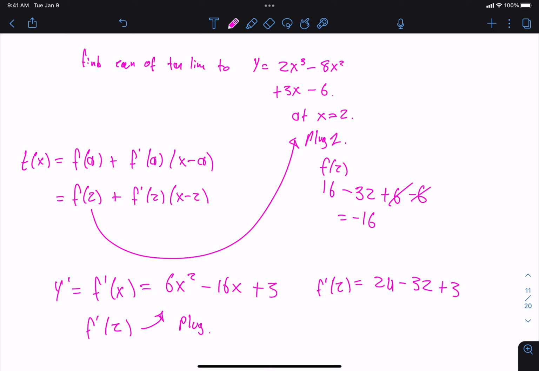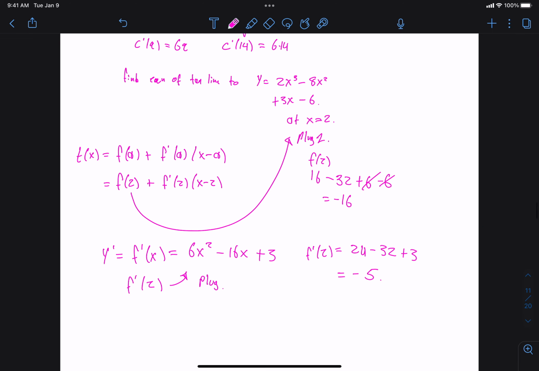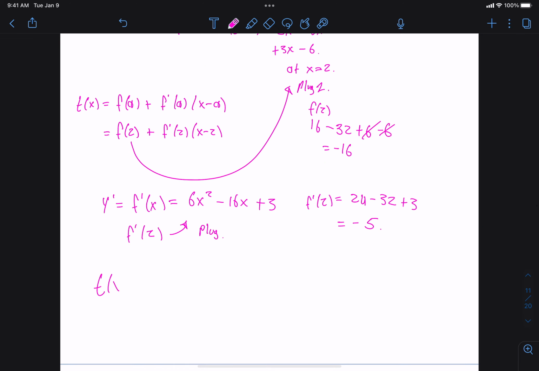So 24 minus 32 gets us negative 8, and then we add 3 is negative 5. So at the end of the day, t of x, the tangent line, is given by the equation negative 16 minus 5 times x minus 2.